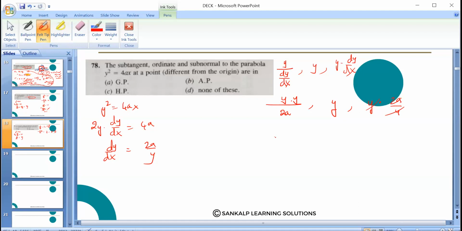So y square is 4ax by 2a. Then here y. Then here 2a. So a and a cancel, 2 and 2 cancel. 2x, y, and 2a.